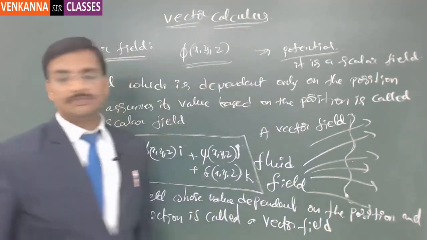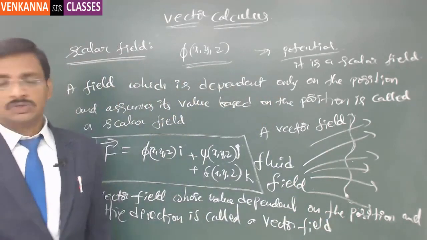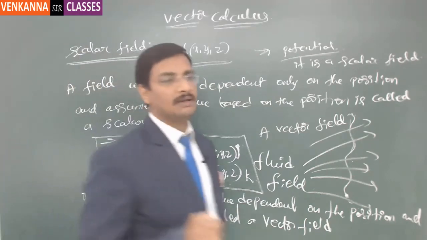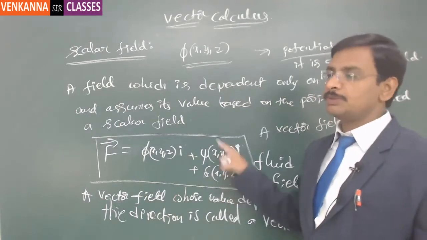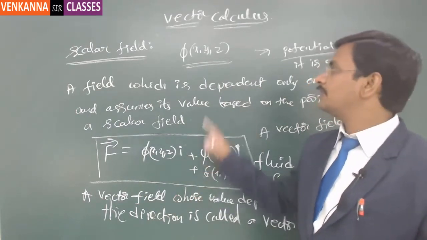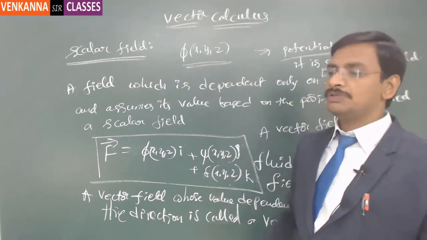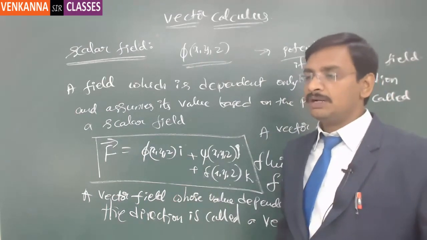Right? This is the understanding you should have. A vector field will contain these i, j, k, and at the same time it is a variable, so it depends on the position. And a scalar field depends only on the position, so direction is independent of it.